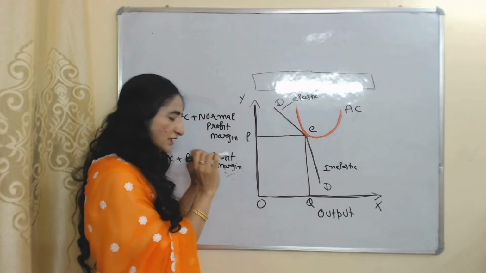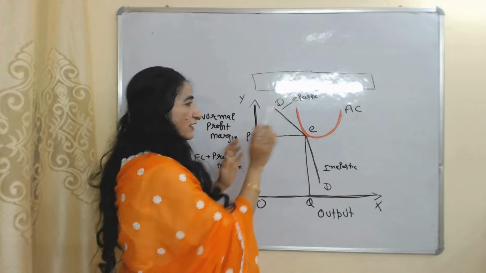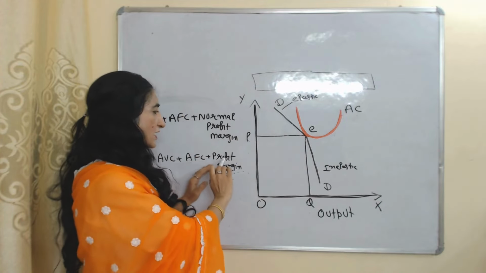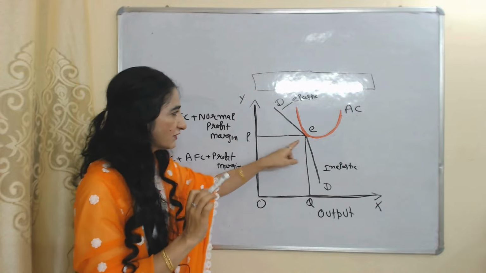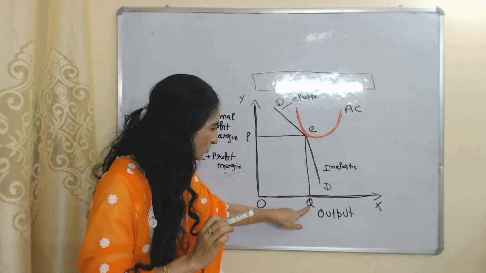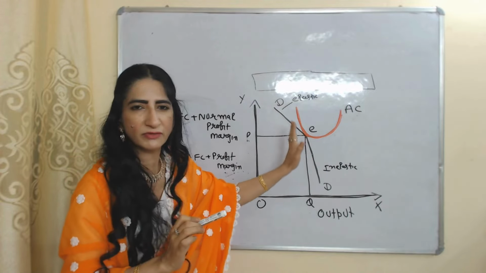So our current product price will be OP, that is exactly equal to our average cost, and our average cost includes average variable cost, average fixed cost and the profit margin. So E will be our equilibrium point, and our equilibrium output is OQ, and our equilibrium price is OP, that is exactly equal to our average cost.